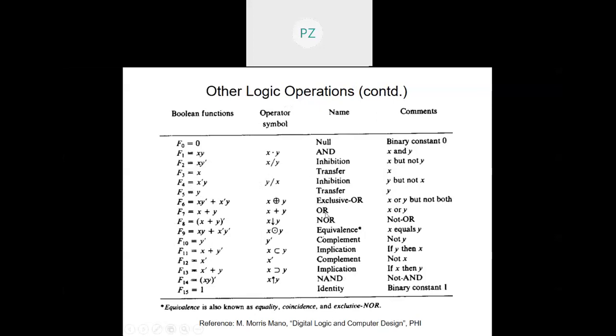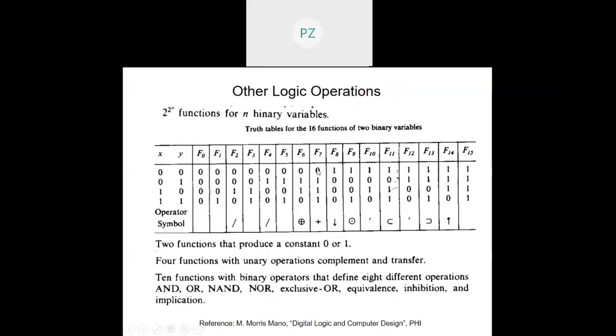And then this is OR. We are already familiar with that. See, how do we get it? Let us see F7. We know this is the truth table of OR. We are writing it in product of sums form, so I'll be looking for zeros, not ones. So this will be x plus y.